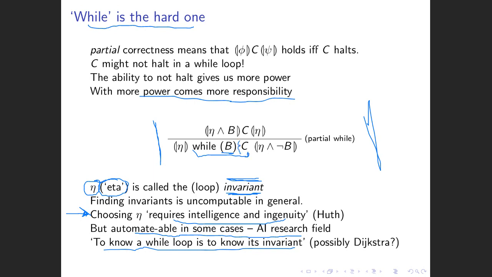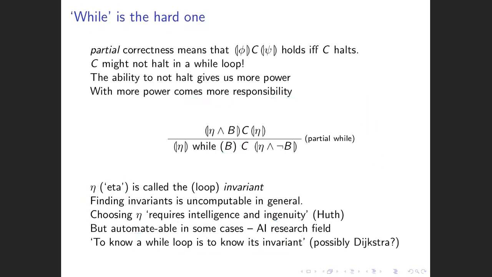Maybe you want some curly brackets in there, depending on your preferences. But we're asking, is there something that does not change? Every time you go around this loop, you're going to execute the command C. So consider a single iteration of the loop. That's what we're writing above the line.